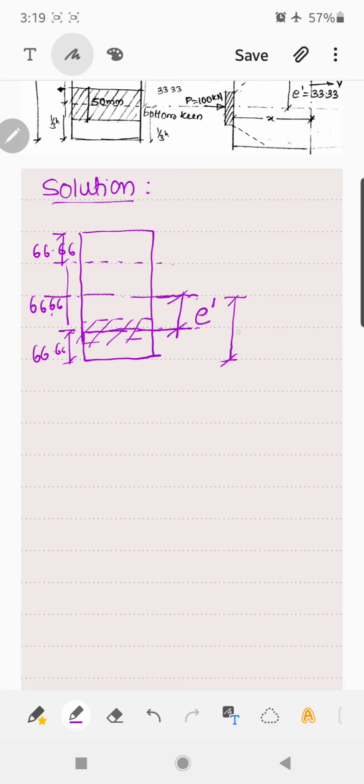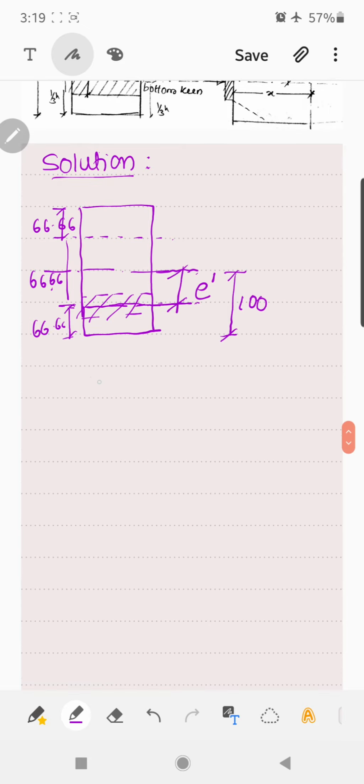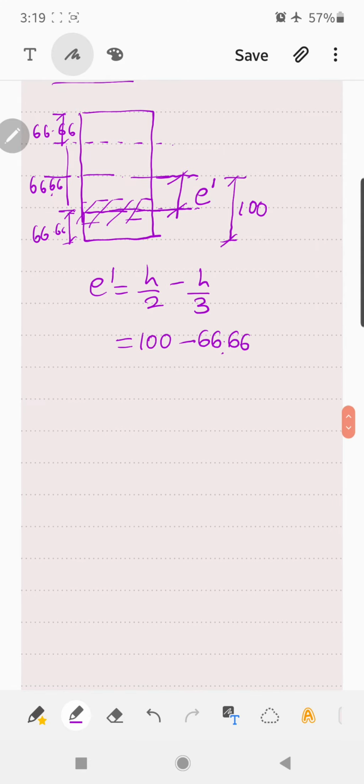The depth of the section is 200 mm, so this is 100. So E dash is H by 2 minus H by 3, that is 100 mm minus 66.66. So the eccentricity E dash is 33.33.